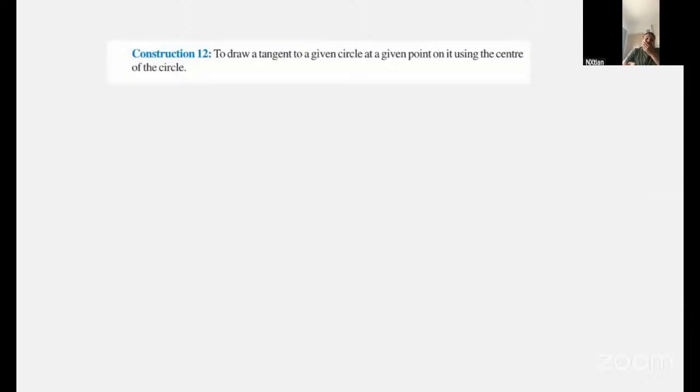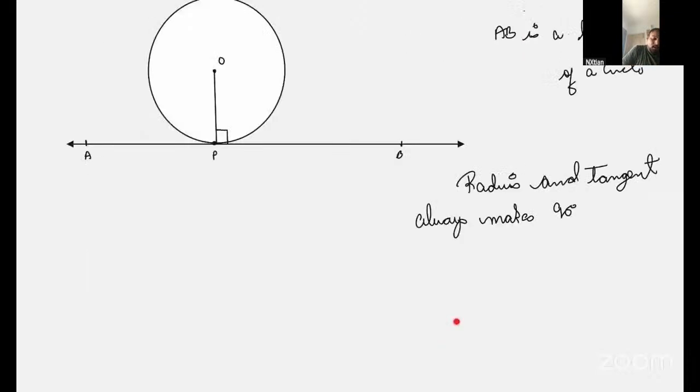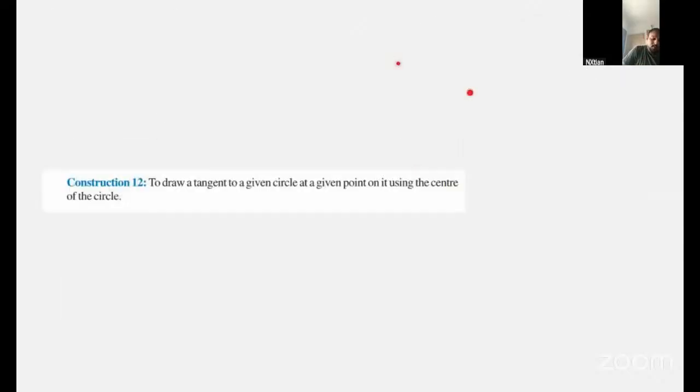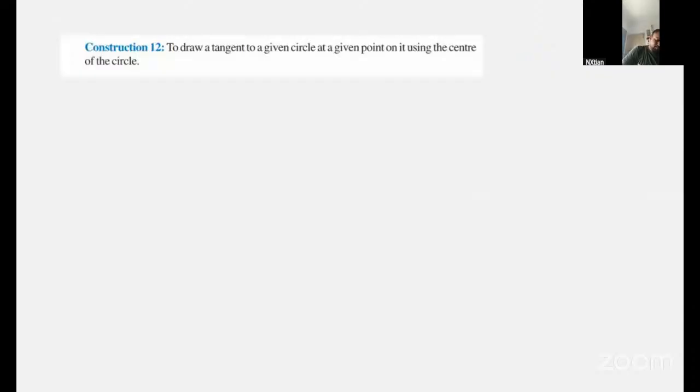Now, draw a tangent to a circle at a given point using the center of the circle. Now we have to draw the tangent. We know that the tangent and the radius always make how much? 90 degree. Okay. So for example, we'll take one example. Under this we have one question.